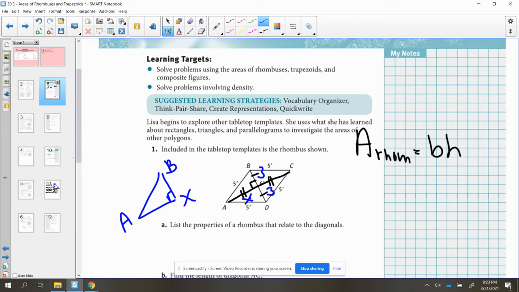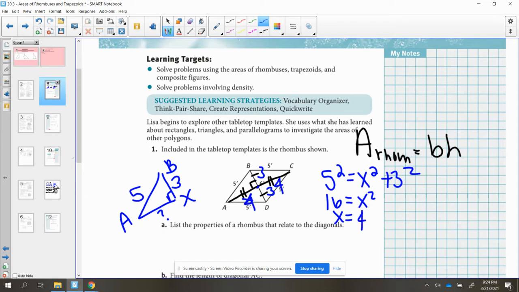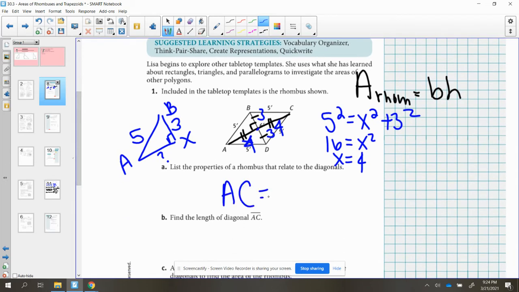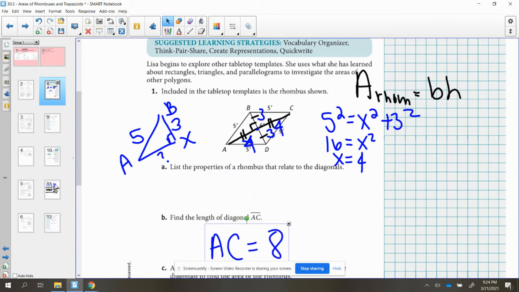We'll call this intersection X, and this is 5, this is 3, and if we're searching for this piece here, we can use the Pythagorean theorem: 5 squared equals x squared plus 3 squared, 25 minus 9 is 16, so our missing piece is 4. Now, again, both of those pieces are 4 for a total diagonal length from A to C of 8.